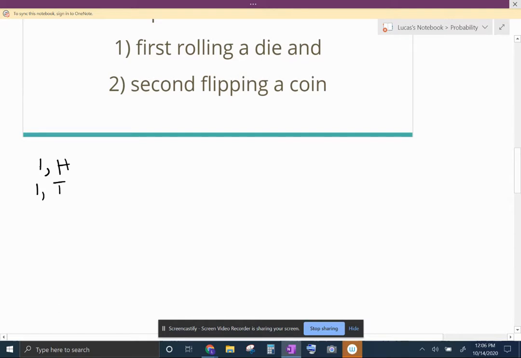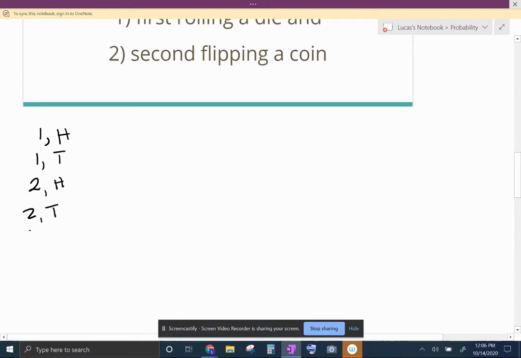Is that it? I can roll a 1 and get a heads, roll a 1 and get a tails? Yeah. I can also roll a 2 and get a heads, roll a 2 and get a tails. I could also roll a 3 and get a heads, and 3 and get a tails. 4 and get a heads, and with 4 I can also get a tails.